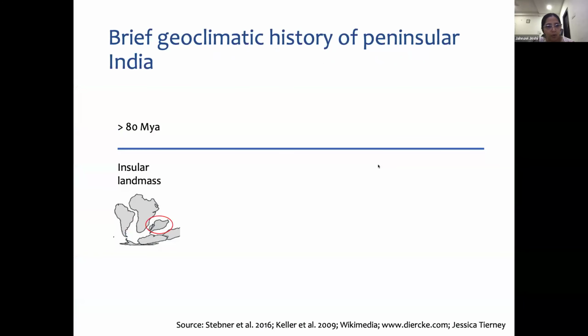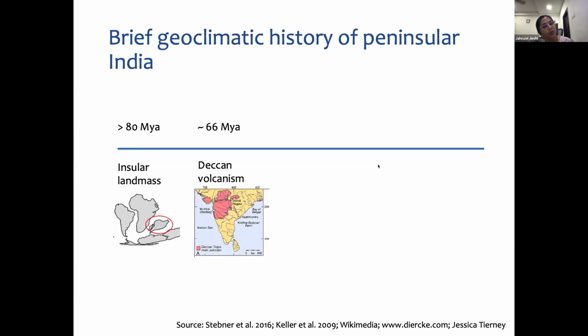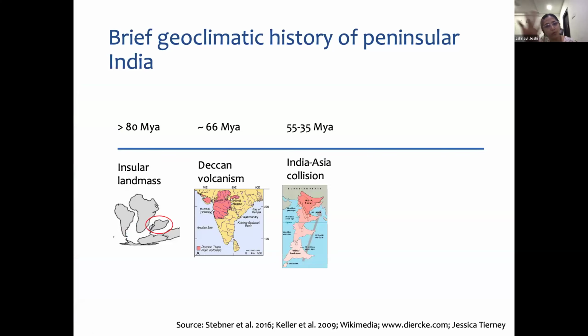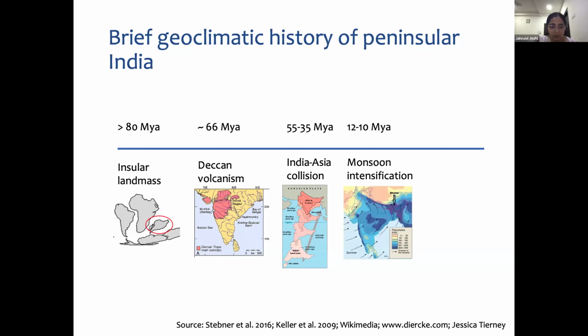Apart from being a part of the Gondwana landmass, peninsular India also had massive Deccan volcanic activity around 66 million years ago. And this activity affected the northern and central parts much more as compared to the southern parts. As Mahi really beautifully explained and showed us in those maps, climate also kept changing as peninsular India was moving during this period before it collided with Asia, and as it changed its position across the latitudes.